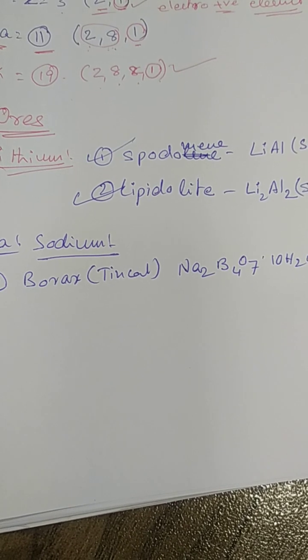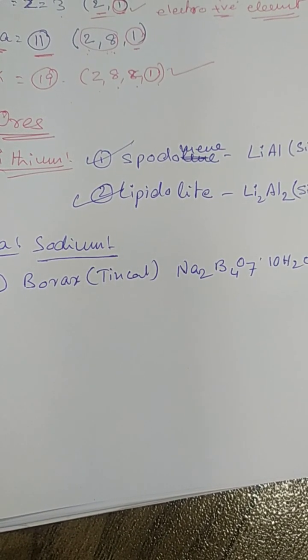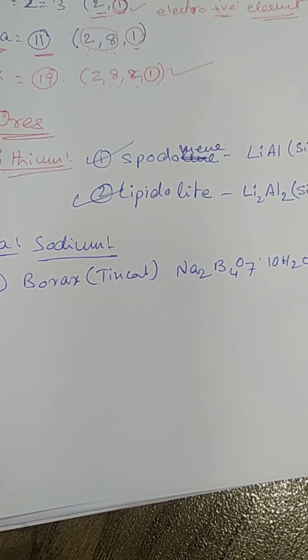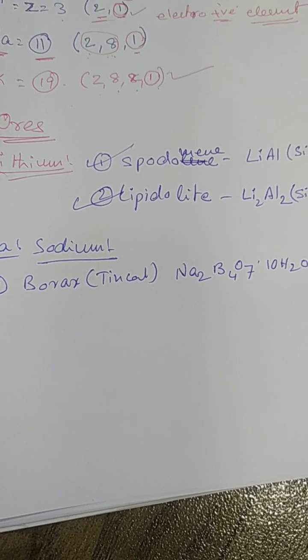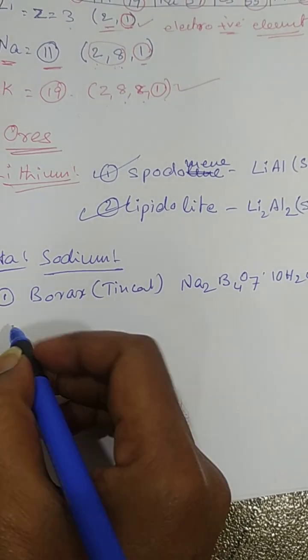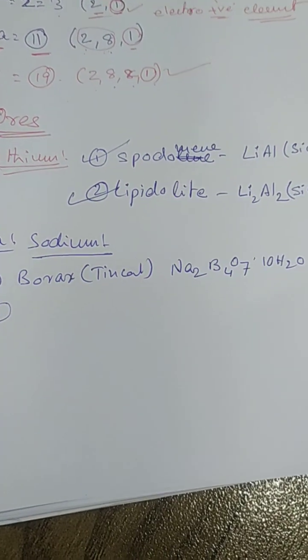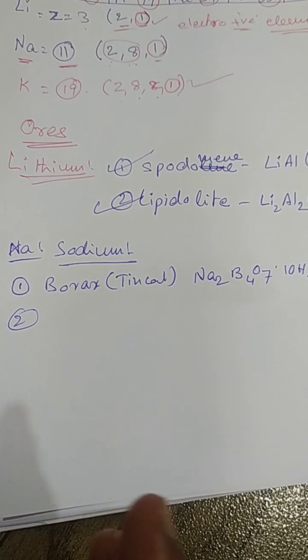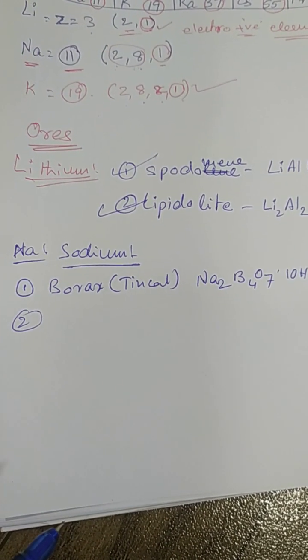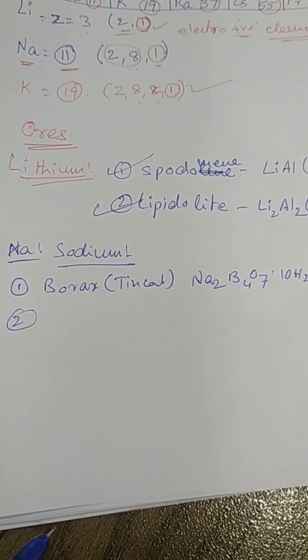Now you can ask a question: sir, sodium is easily available in ocean water, sea water, so what is the requirement to excavate all these? See, these are forms which were formed in nature, like hills and rocks. We are talking about rock salt, Chile saltpeter.